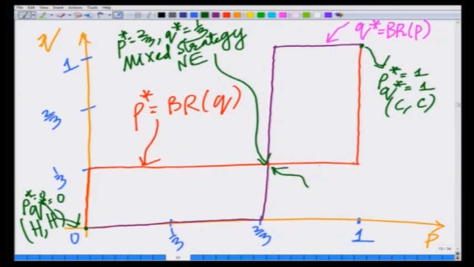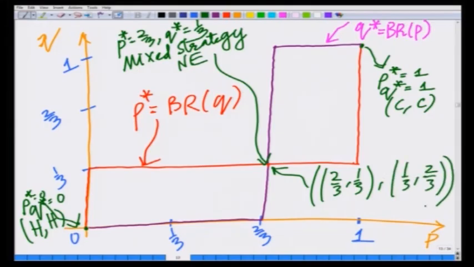Therefore, this mixed strategy Nash equilibrium is (2 by 3, 1 by 3), (1 by 3, 2 by 3). That is, the mixture of the boy is 2 by 3, 1 by 3, and the mixture of the girl is 1 by 3, 2 by 3. And therefore, this is the best response dynamic of the battle of sexes game, considering mixed strategy Nash equilibria.